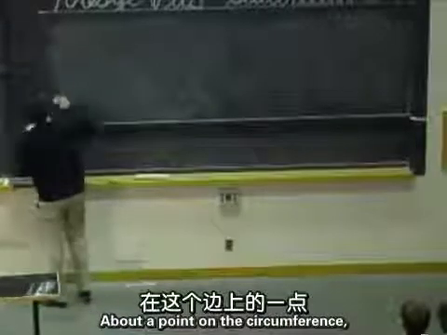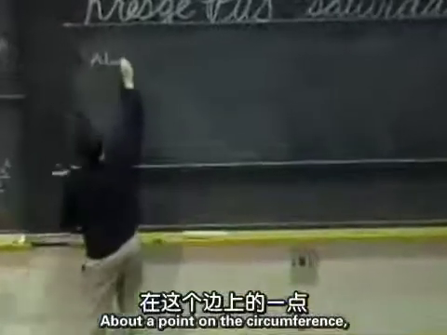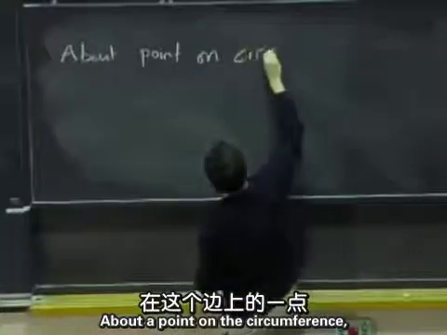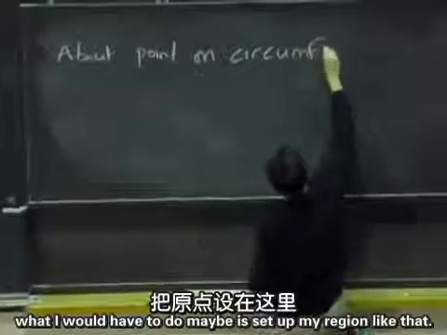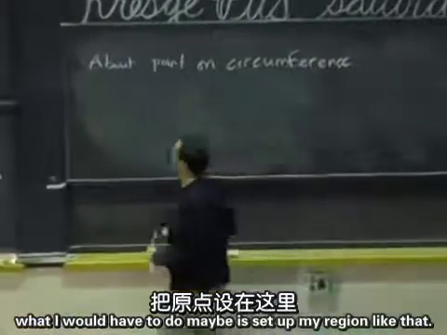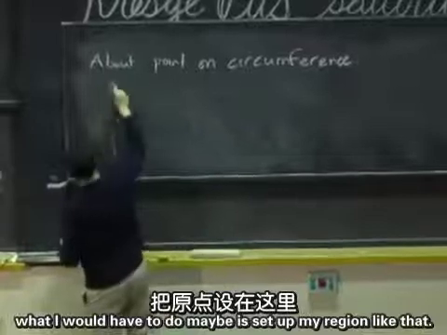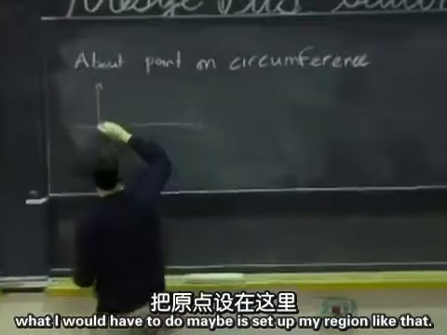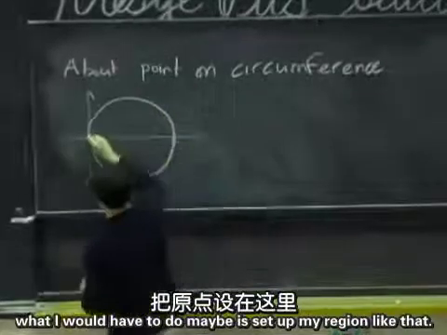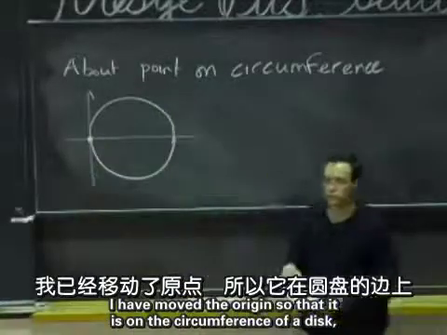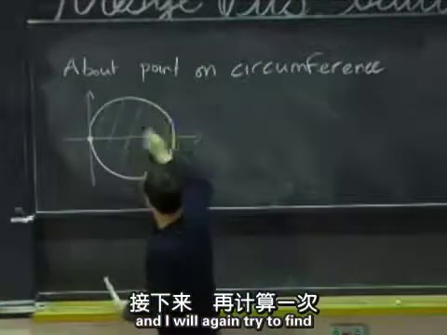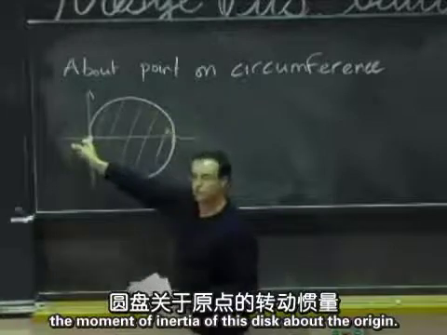So about a point on the circumference, what I would have to do maybe is set up my region like that. Now I've moved the origin so that it's on the circumference of the disk, and I will again try to find the moment of inertia of this disk about the origin.